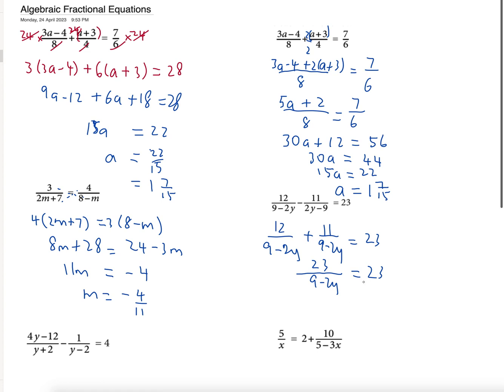Right, so here we can cross multiply, and so 9 minus 2y is 1, and 2y equals 8, y is 4. Well, we can check whether we have done it correctly.